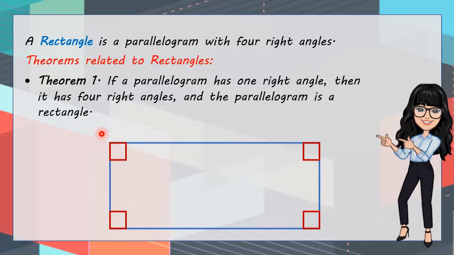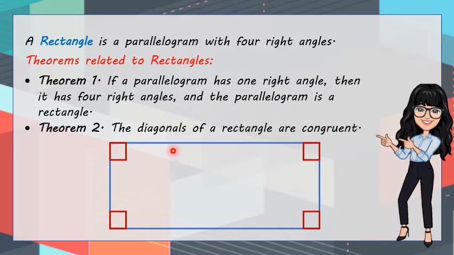So this can be considered a fact already or a property of your rectangle because this has been proven. Now, what we are going to do is to show you the proof for this theorem. The second theorem for your rectangle states that the diagonals of a rectangle are congruent.